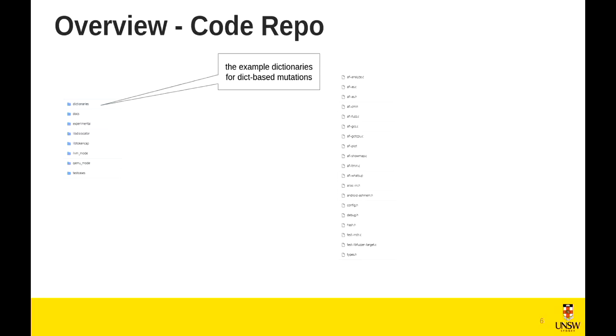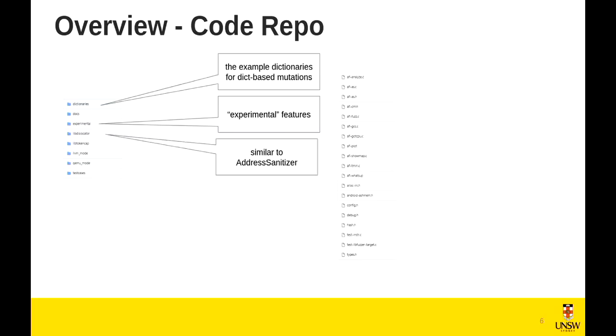For the first directory, we can see that it's called dictionaries. Actually, these are some example dictionaries provided by the author of AFL for dictionary-based mutations. And there are some experimental features, many of which were converted into academic papers.